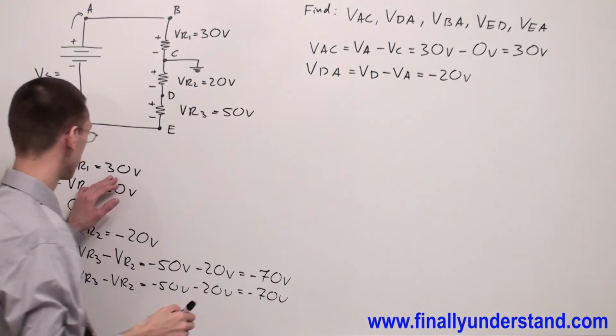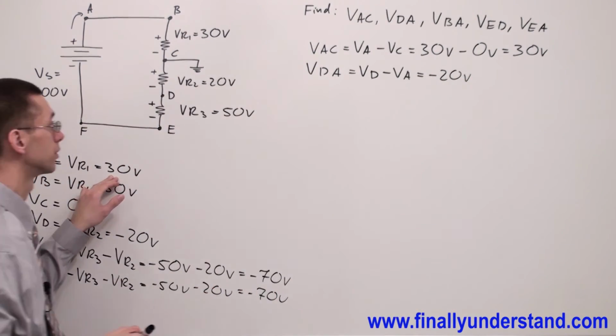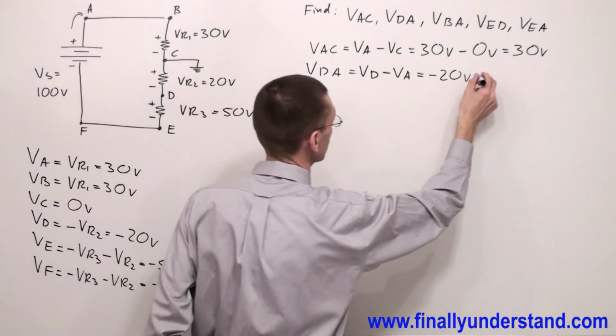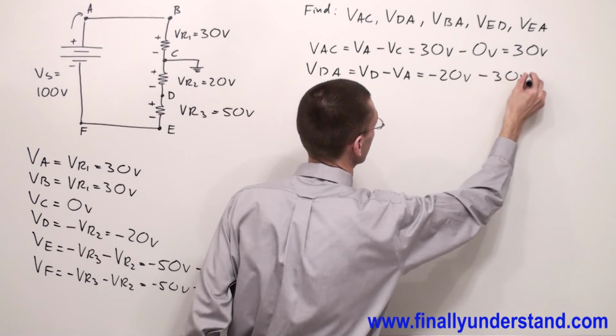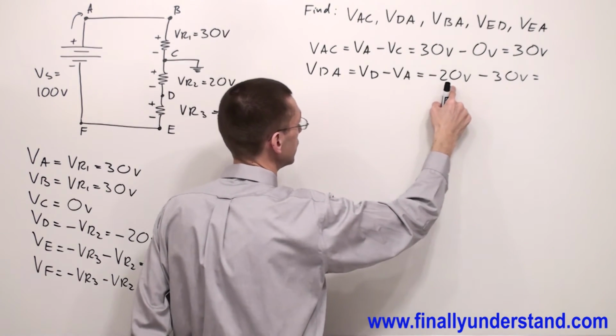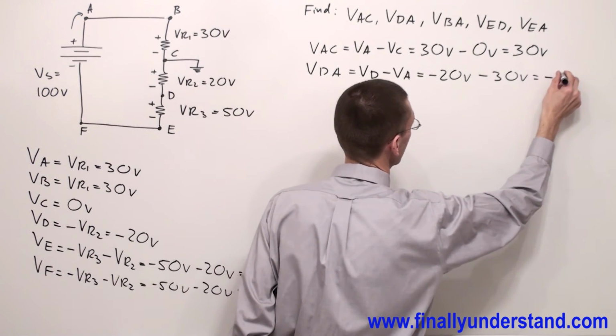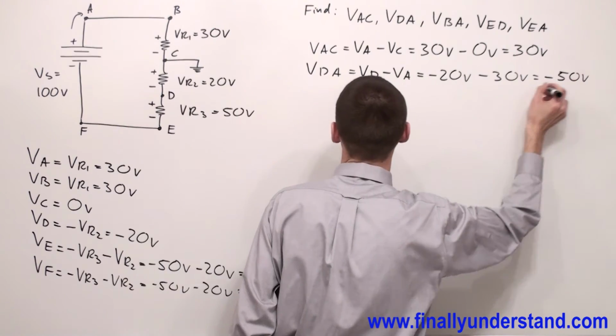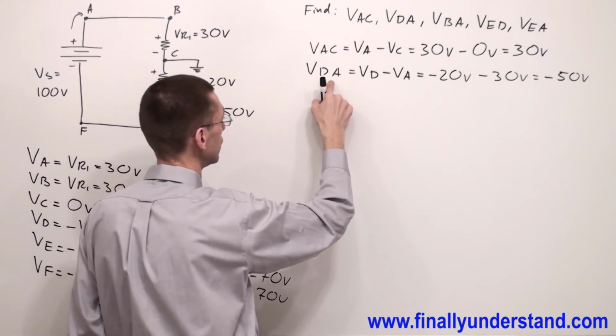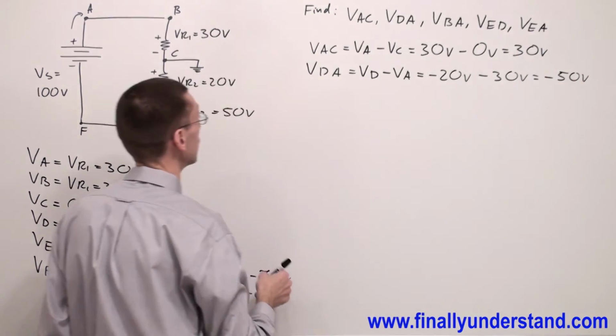VA is 30 volts, minus 30 volts. Minus 20 and minus 30 gives me minus 50 volts. My VDA is equal to minus 50 volts.